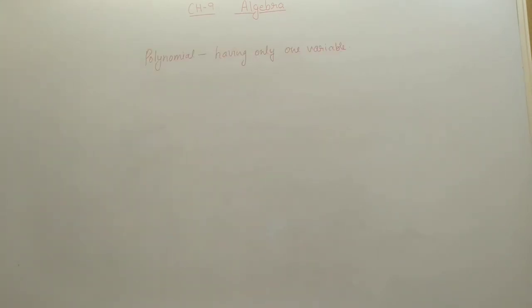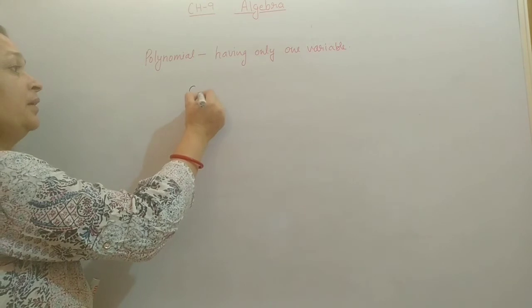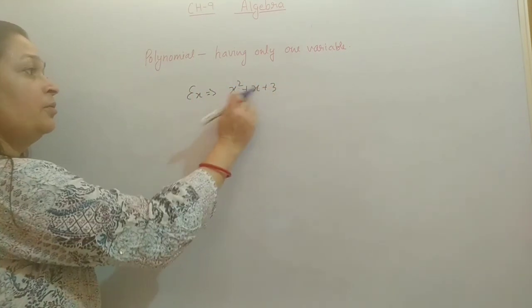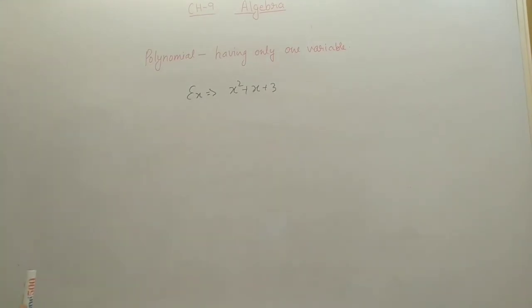Next we have polynomial. Polynomial is also an algebraic expression, but the condition is that it will be having only one variable. It means we will not use x, y, z, 2, 3 variables together. Only one variable will be there. For example, x square plus x plus 3. So only x we are using as variable here.